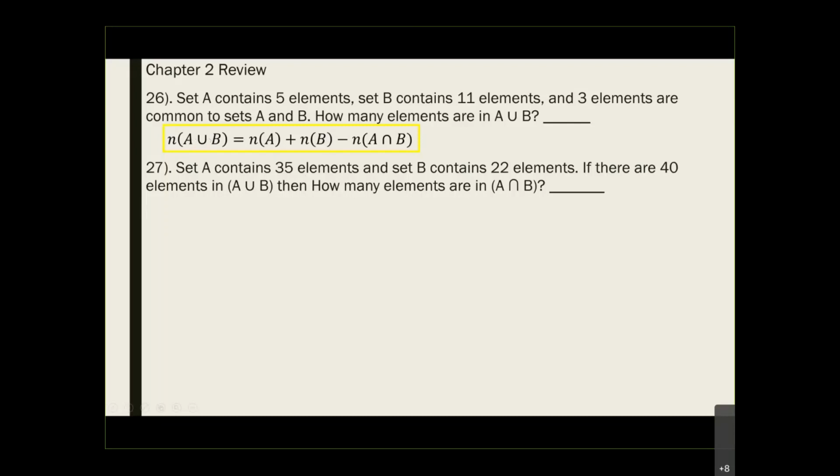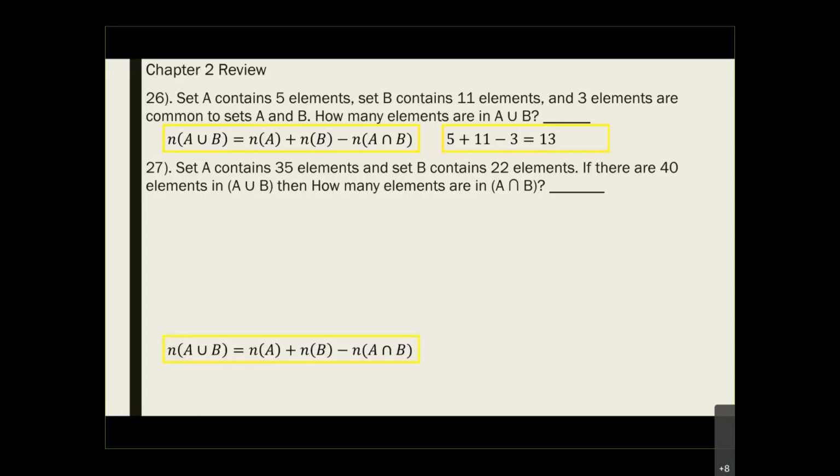Remember, we just need to know the total of A plus the total of B minus what they have in common, and they give us that information. The A item is 5, the B item is 11, and what they have in common is 3. So 5 plus 11 is 16, and 16 minus 3 is 13. So 13 of them will be in A or in B, which is the same idea we've been doing with the Venn diagram.